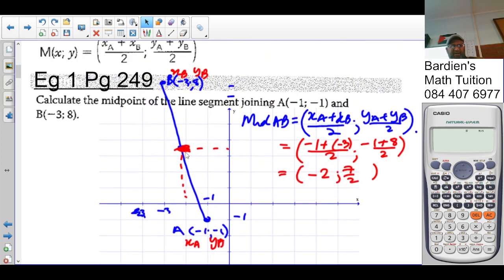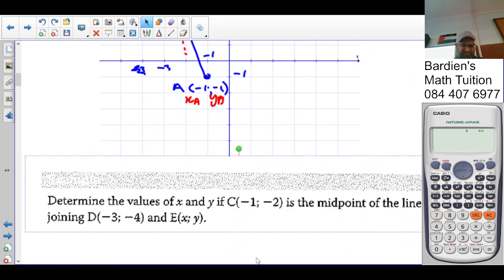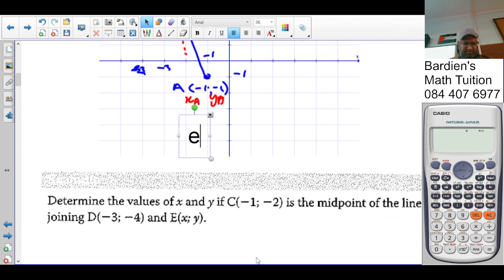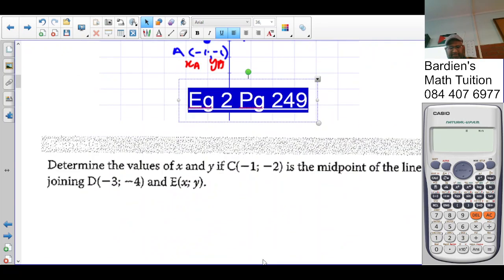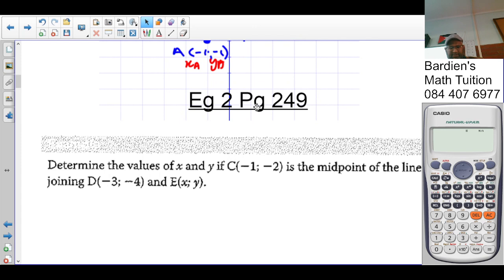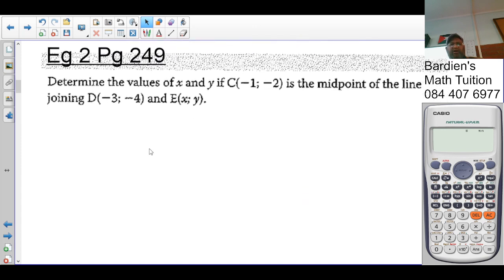Example 2 on the same page, 249. So in example 2 on page 249, we are asked to determine the value of x and y if C, which is (-1, -2), is the midpoint. What do you notice now?